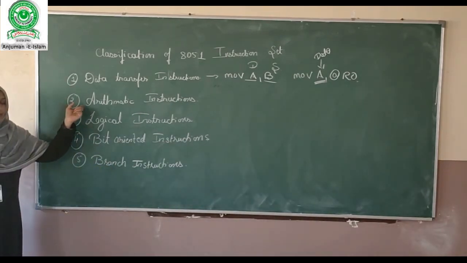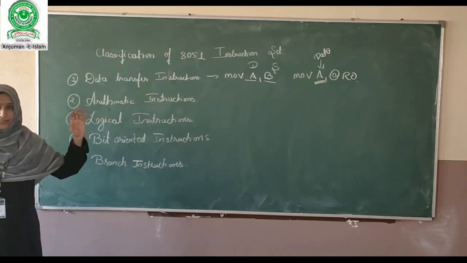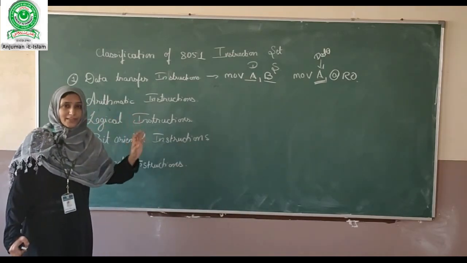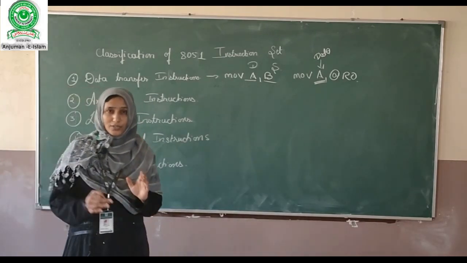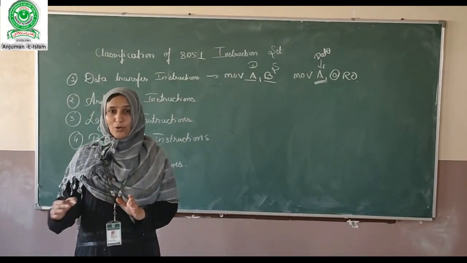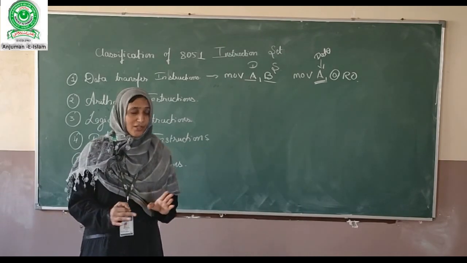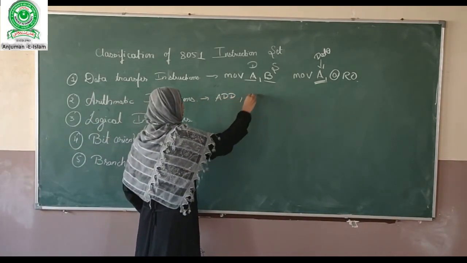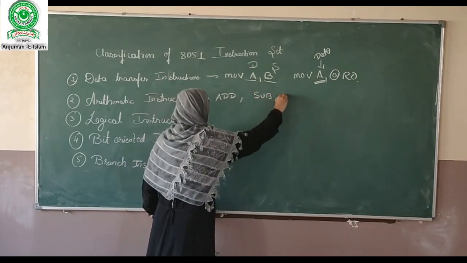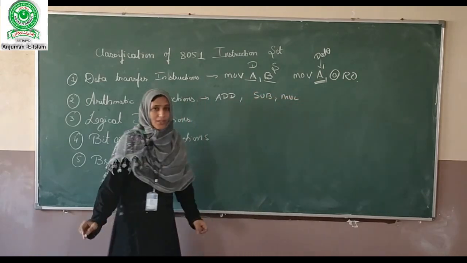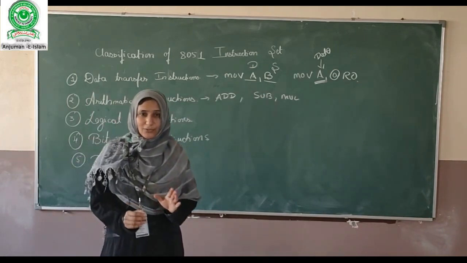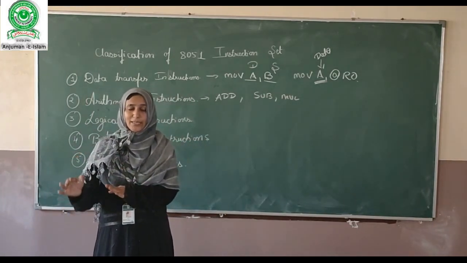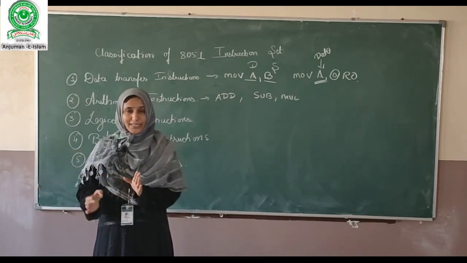Now coming down to the next one, the arithmetic instruction. As the name itself indicates, these are the instructions which are going to perform all the arithmetic operations. I think you might know which they are: add, subtract, multiply. Those instructions which perform arithmetic operations are called arithmetic instructions.